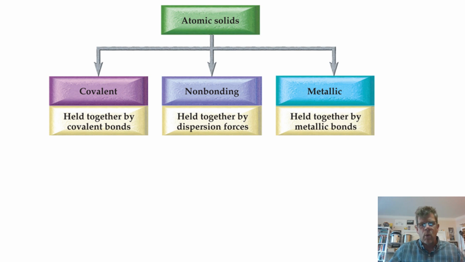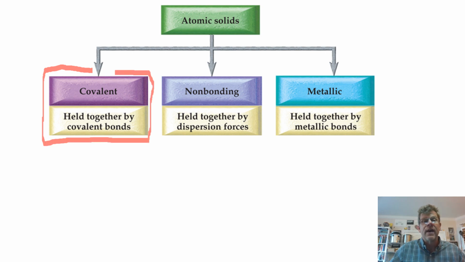Now, one would think that a covalent atomic solid would be an element, because they're all the same atoms, remember, held together by covalent bonds through the entire solid. That's really saying something. Moving over one, we have our non-bonding atomic solids. Now, these are held together by dispersion forces, our weakest intermolecular force.